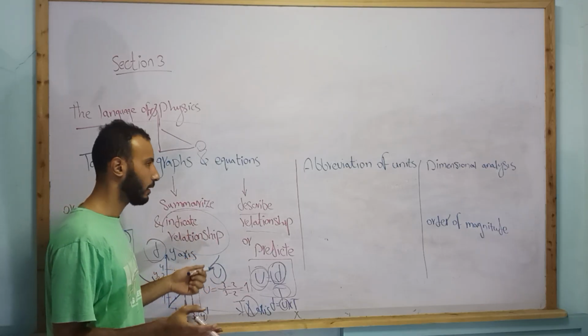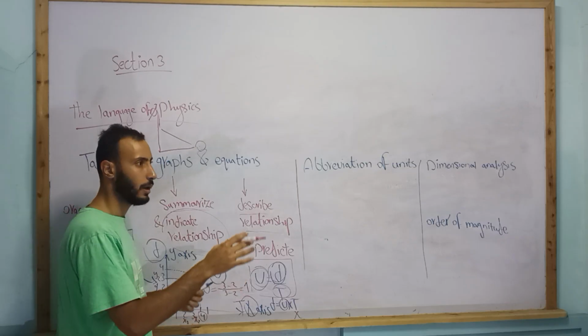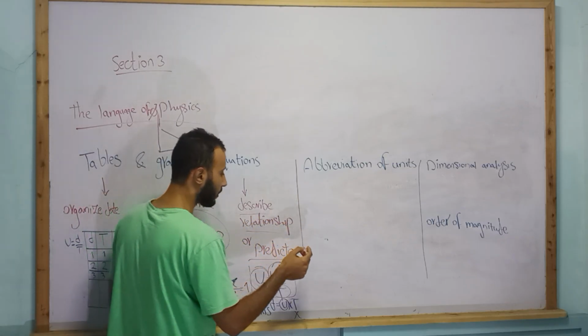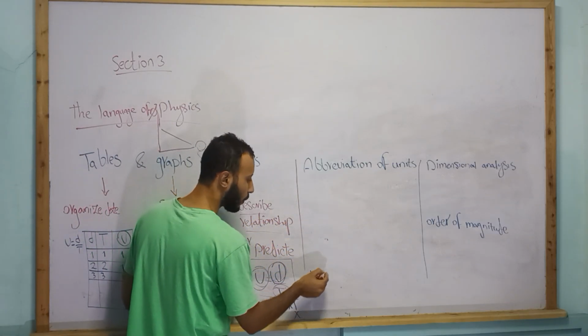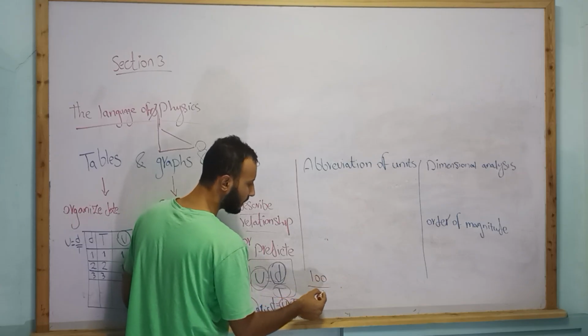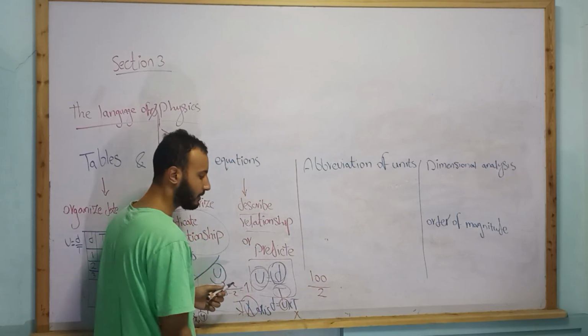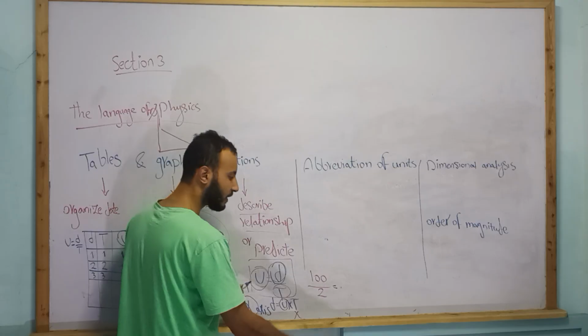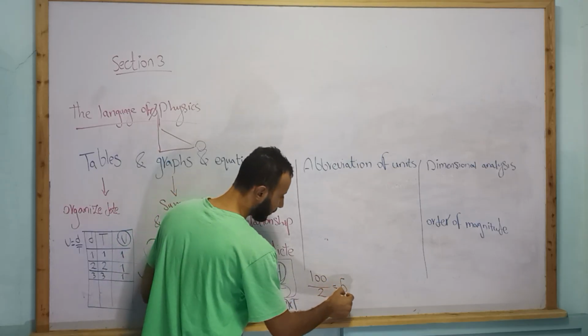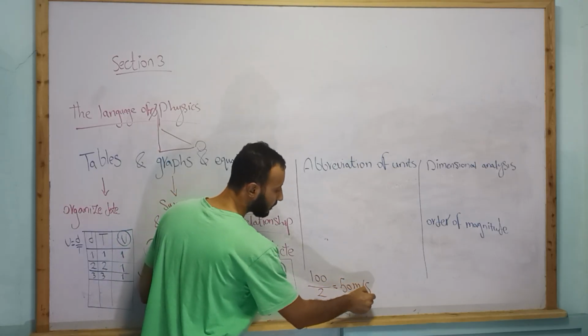velocity that you like. For example, for a distance of 100 and a time of only 2 seconds, the speed of this car will be 50 meters per second.